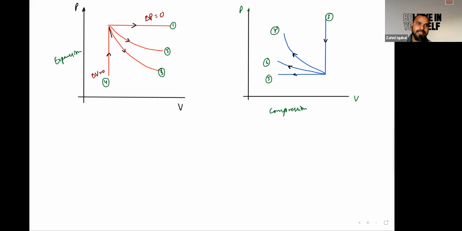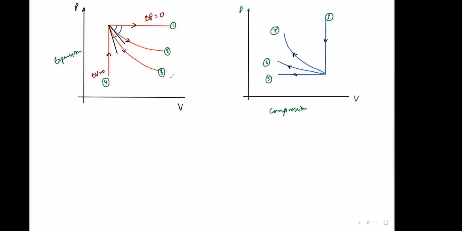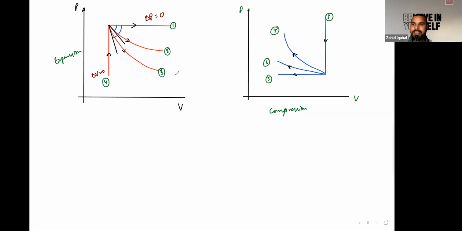So just draw a tangent at its starting point, like this, or like this. For these two different lines, if you try to calculate the inclination with respect to horizontal, which is more inclined, or which has more steepness, the upper one or the lower one? Lower. So the greater the steepness of the curve, it will be adiabatic. So this will be adiabatic and this will be isothermal.